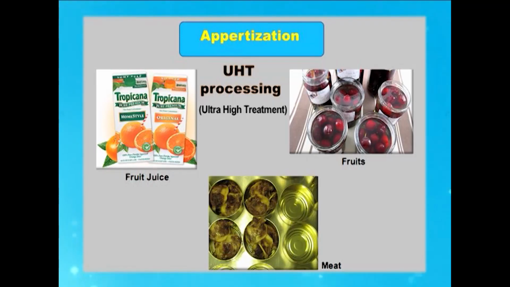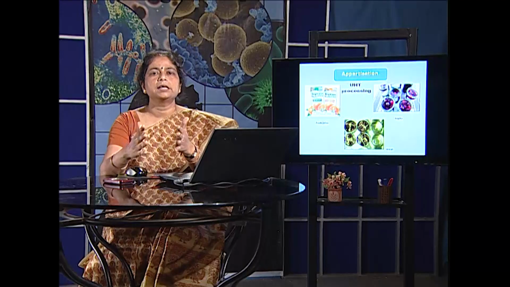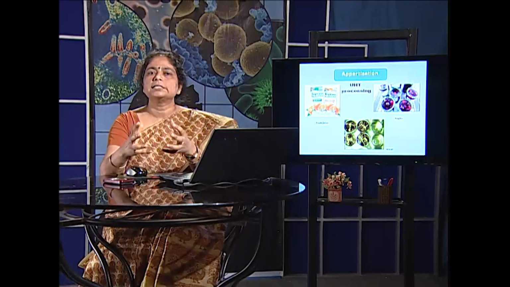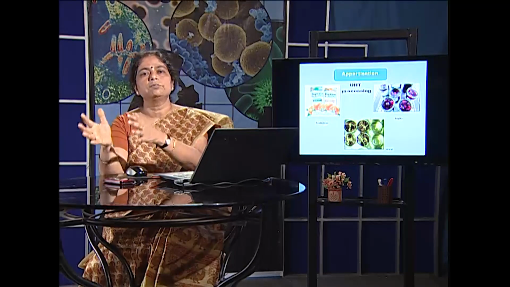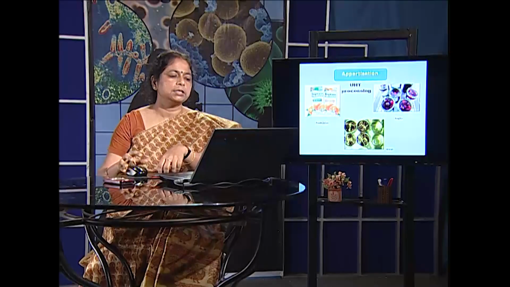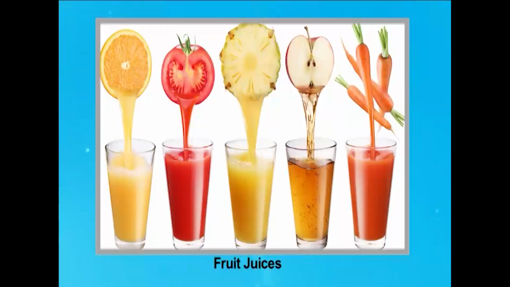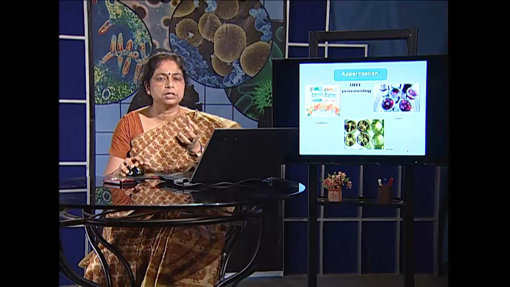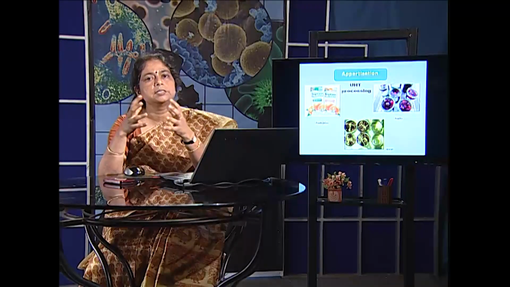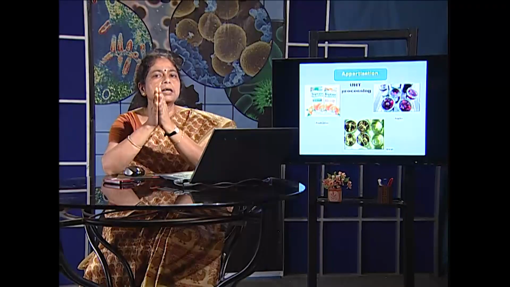The only difference from pasteurization is that in appertization, we put the food item in the container, so the food along with the container goes in for the high temperature treatment. By this method, we could have production of fruit juices, fruits and meat. So the food content along with the container is pasteurized or given a high temperature.